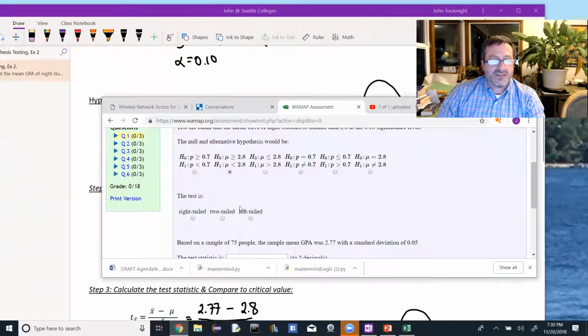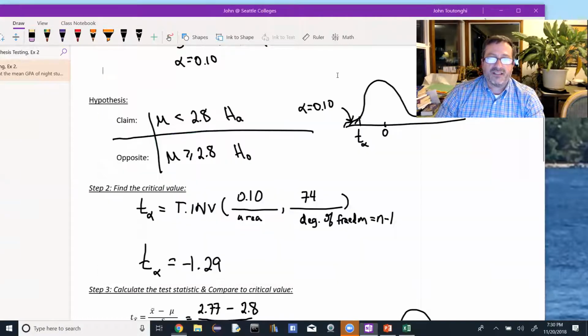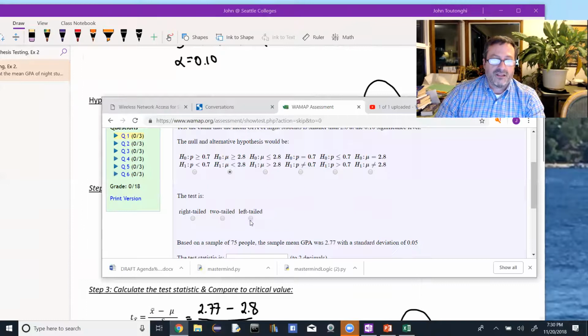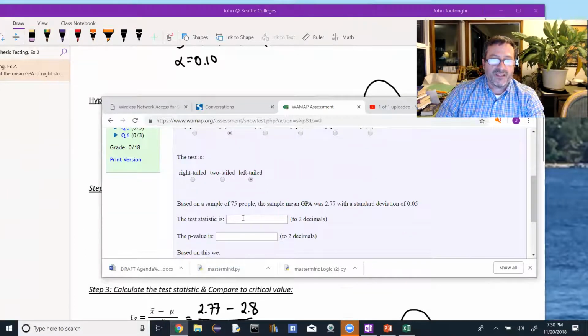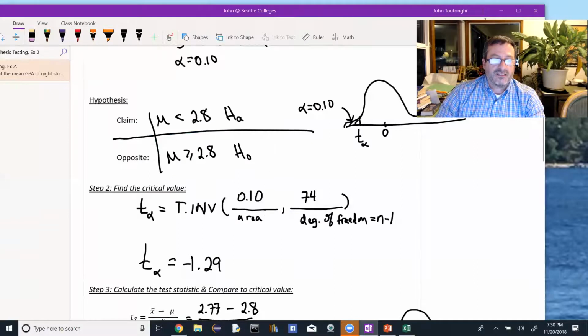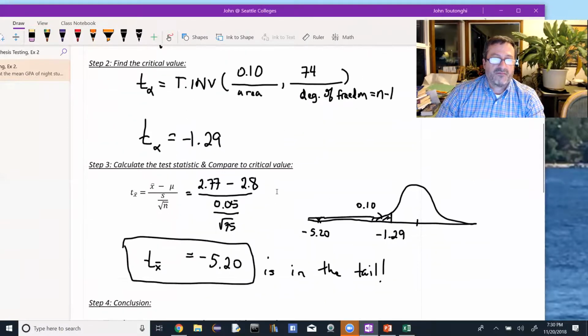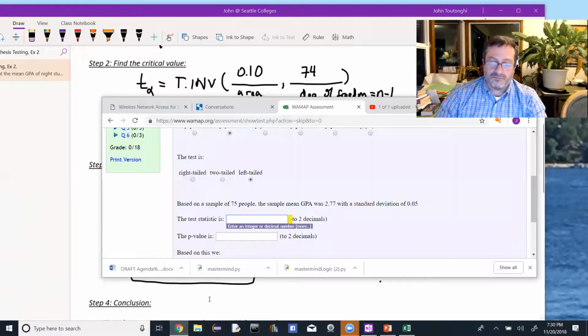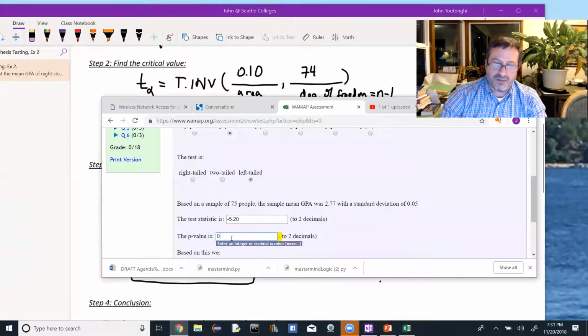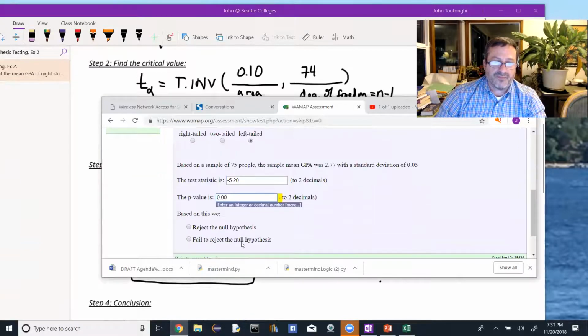The test is right-tailed, two-tailed, or left-tailed. This is a left-tailed test. Click on that. The test statistic is negative 5.20. And the p-value is 0.00, both to 2 decimal places.